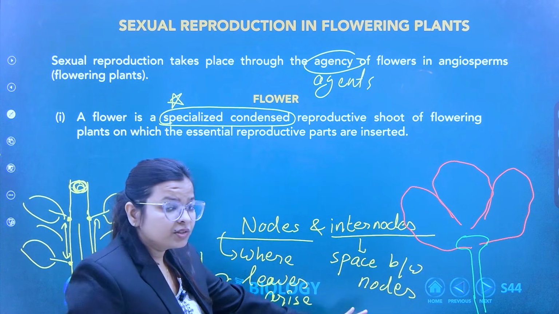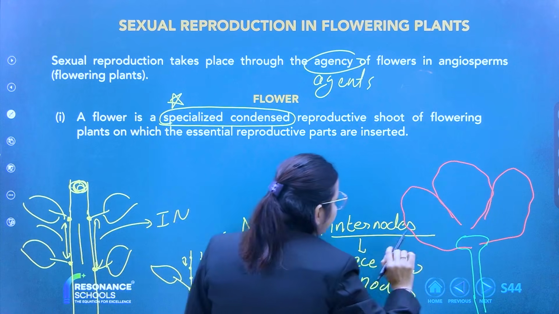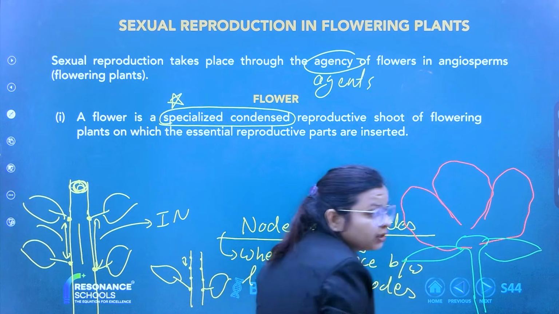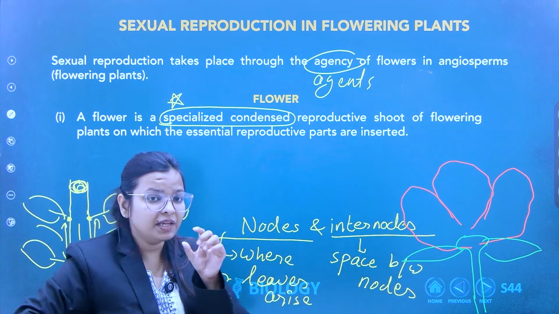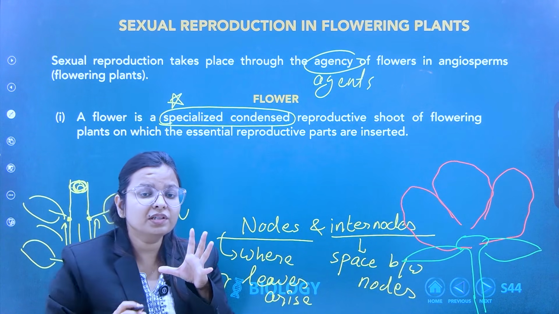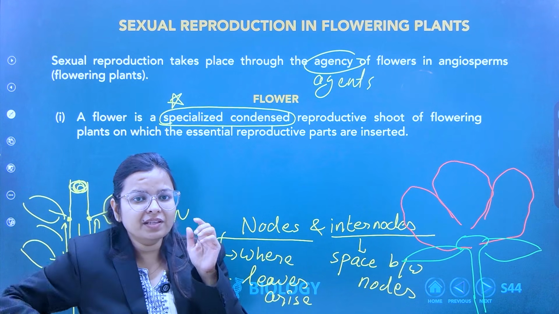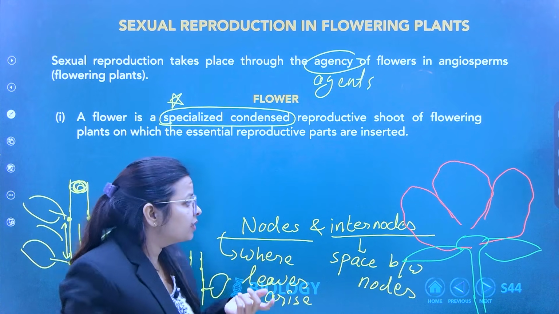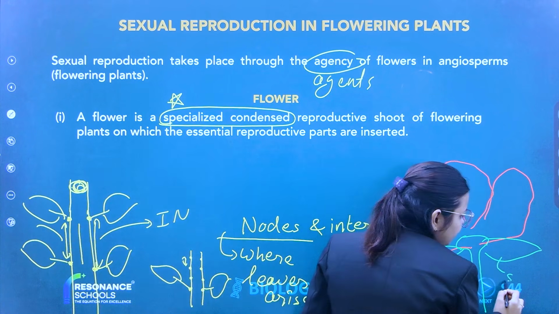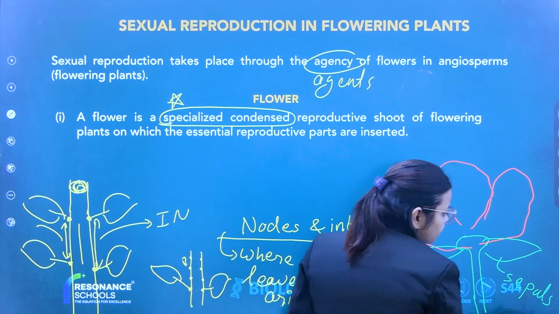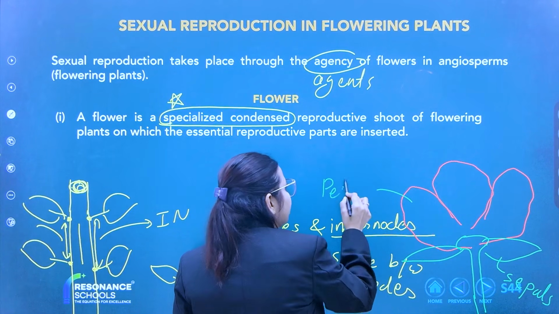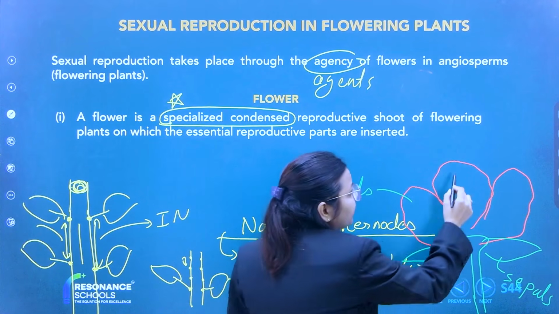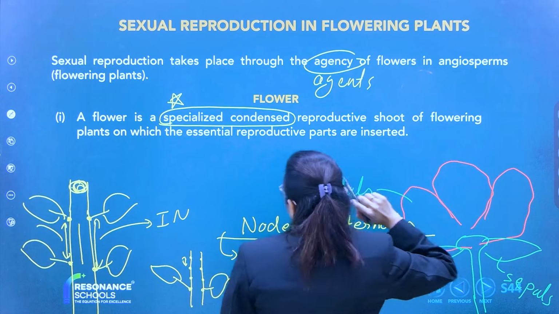This is your green part. These are your petals. These are your sepals, the small green leaves you see on the outer side of the flower. If you see a bud, not a blooming flower, you can see the green structure over the petals. These are your sepals and these are your petals. Sepals, petals, and we have male and female parts.